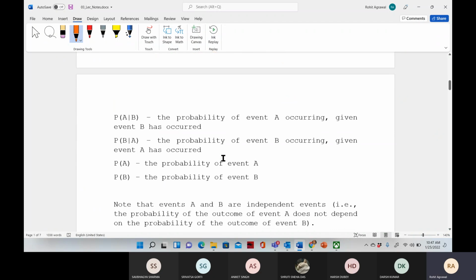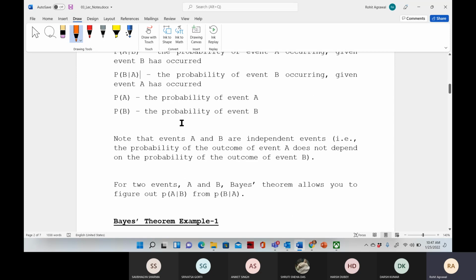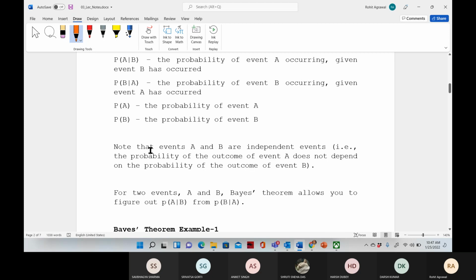Okay, so these are the terms, where P of A given B is the probability of event A, and P of B given A is the probability of event B. All these terms are clear. Yes, sir. Okay, now there is one note here.